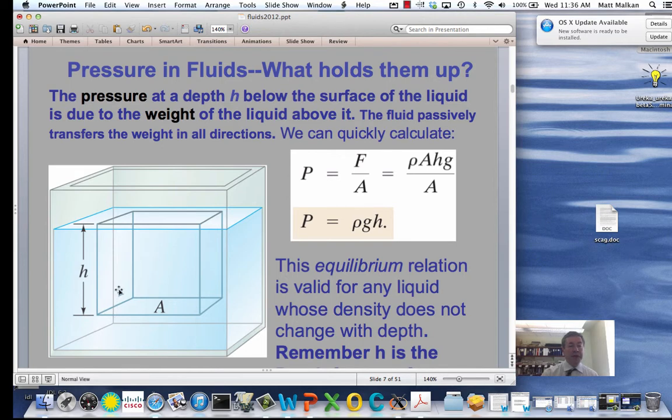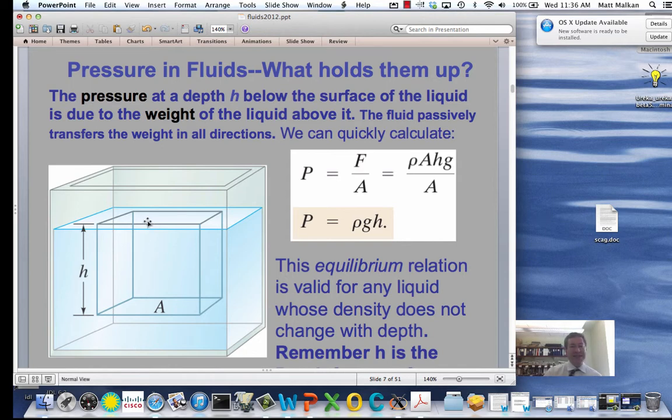So there must be a perpendicular force through this. This is an imaginary surface A here, where I'm going to do my computation. But running through that surface A is a pressure of the water underneath. In other words, the pressure down here at the surface A has to be large enough to exactly compensate and exactly equal the gravitational force pulling this whole cube down. That's what holds the fluid up. It's the pressure of the fluid underneath it.